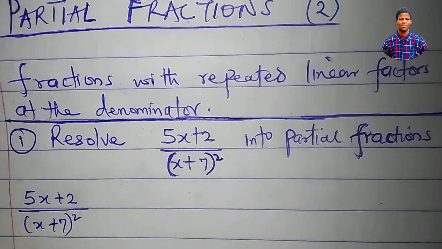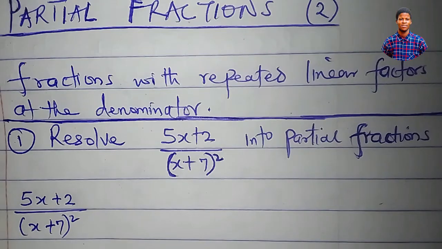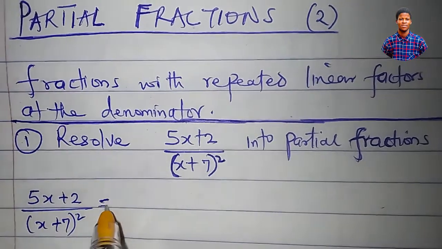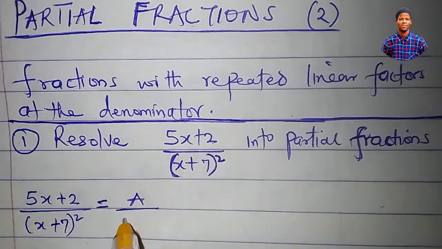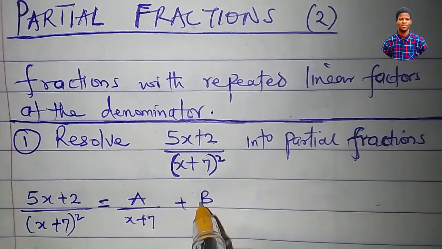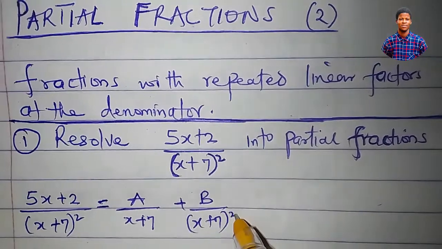So based on what I showed you just now concerning resolution of fractions involving repeated linear factors at the denominator, this partial fraction is equal to a all over x plus 7, plus b all over what? x plus 7 squared. Good.